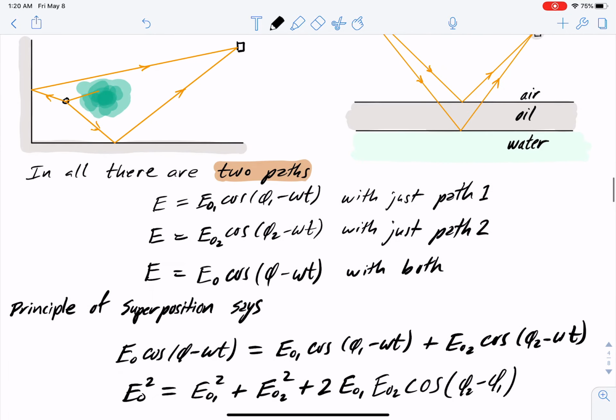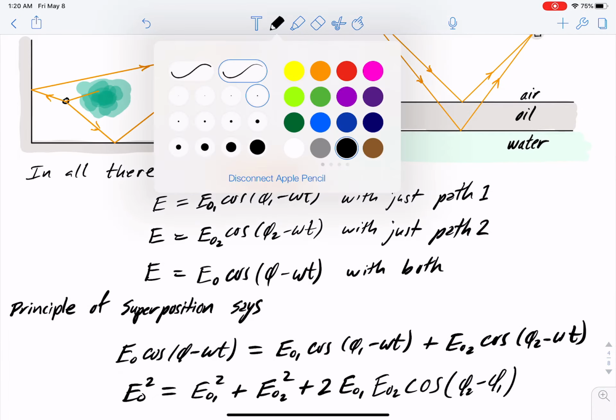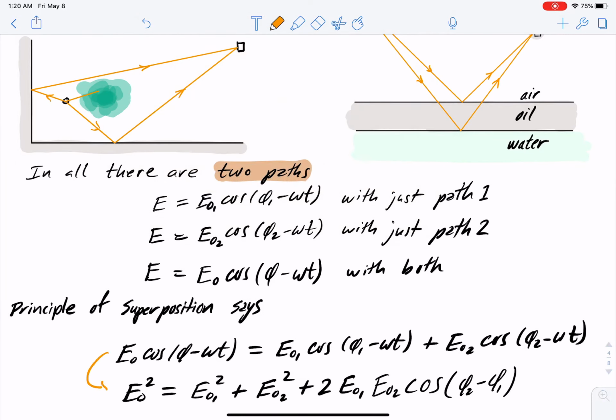Now, after a little bit of trigonometry, I'll put a document on the web page that does this step. It's nothing that you wouldn't possibly have done in high school. You can show that this amplitude term squared can be computed from these amplitudes and the difference in these phases.